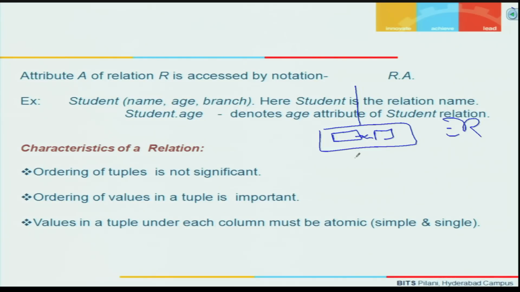Once you are done with that, you are free to choose whatever specific data model you want for implementation. You can choose relational data model, object data model, network model, and so forth. So that's why up to ER modeling, it is common for all implementations. Once you are done with your ER modeling, we should decide what implementation model we need to go with for the implementation of the database.